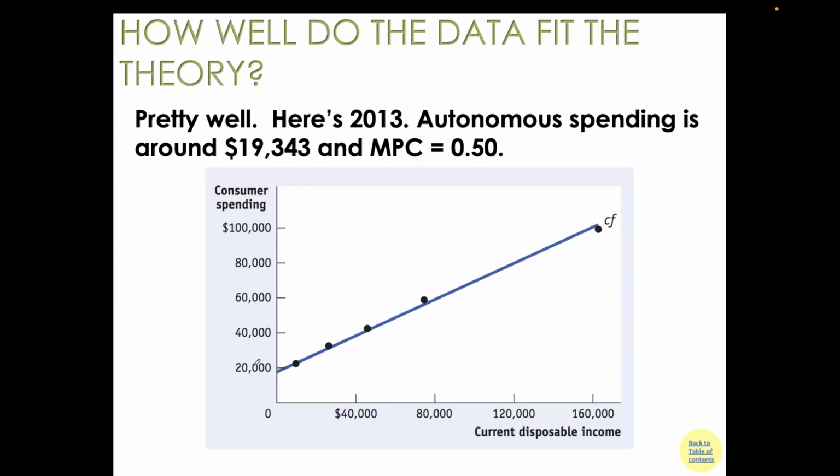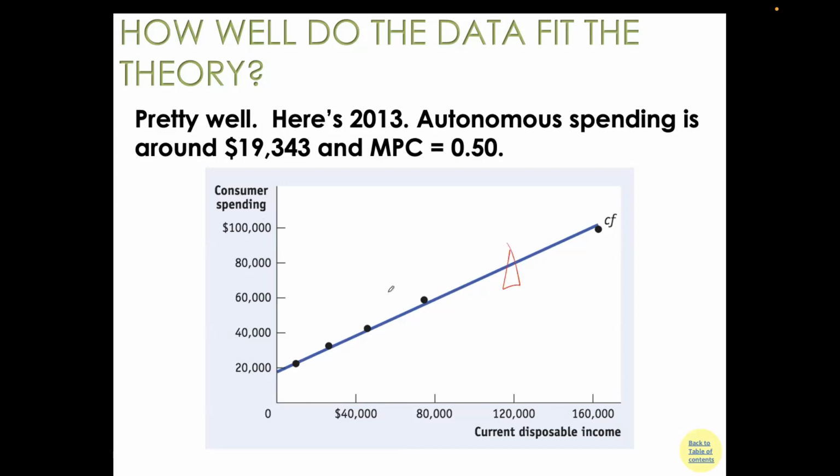Look at 2013. This is how the actual data look. Each dot represents a household. Now, if we try to find a line to fit those dots, that's what we end up with. You can see you can have a straight line to fit these dots.